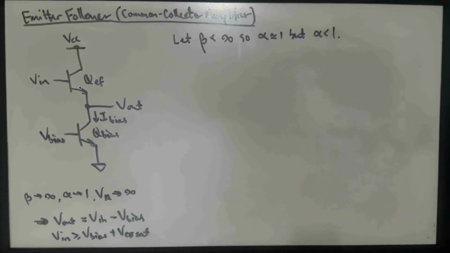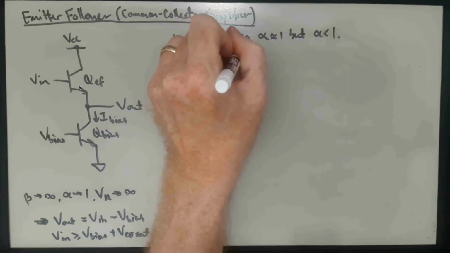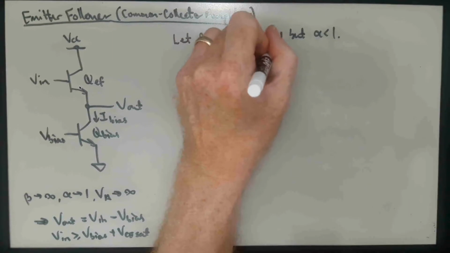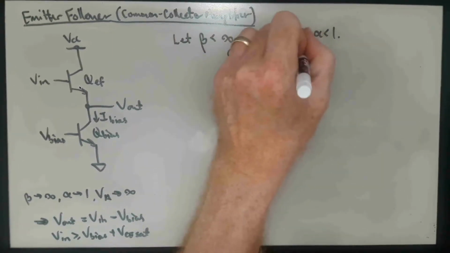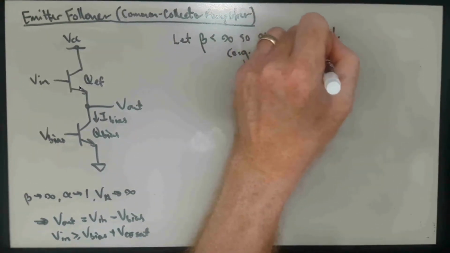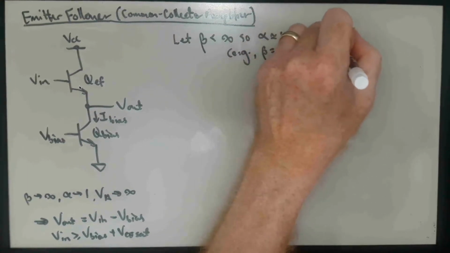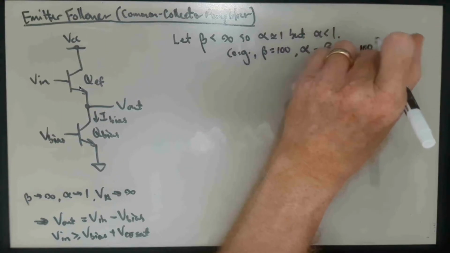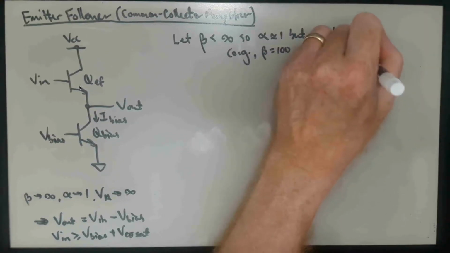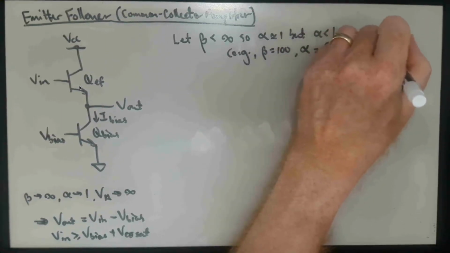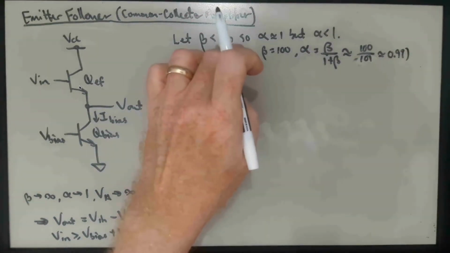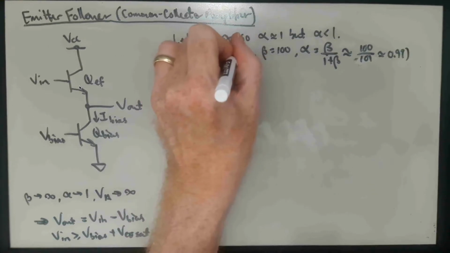So for typical beta, which is about 100, alpha, which is equal to beta over 1 plus beta, would be about 100 over 101, which is maybe about 0.99. Okay, so that would be a fairly realistic scenario.